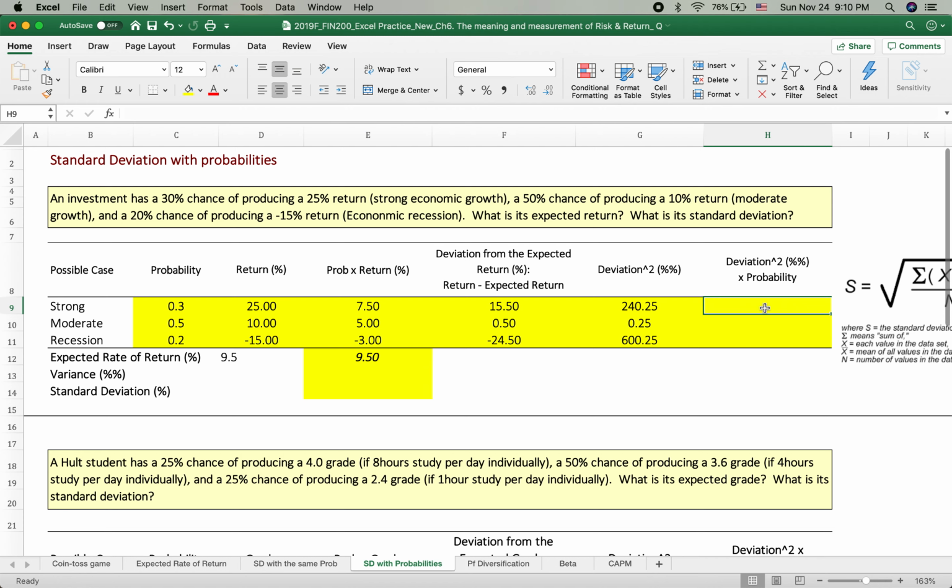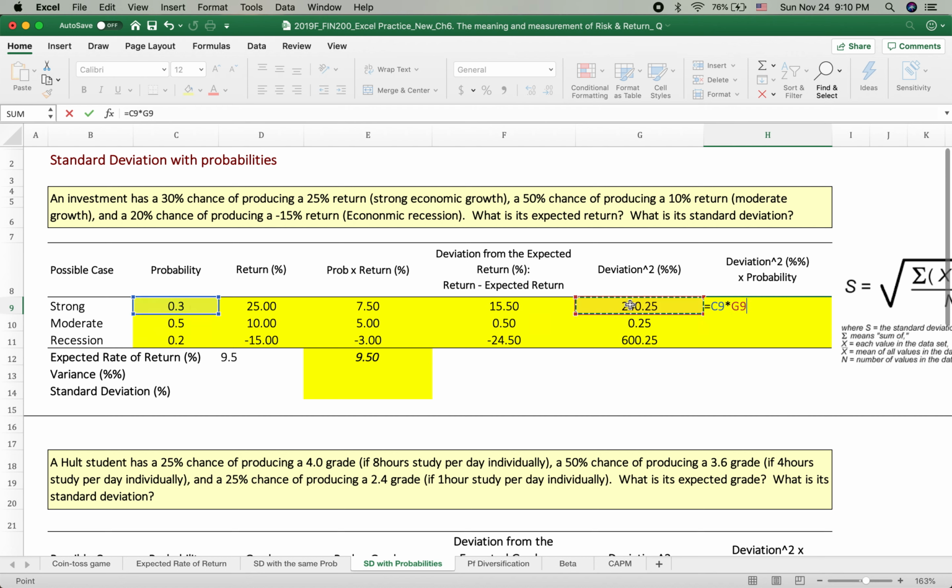And then we also apply the probability to each squared deviation. Why? Because each deviation has its own probability as well, just as the return has its own probability. So how do you calculate it?